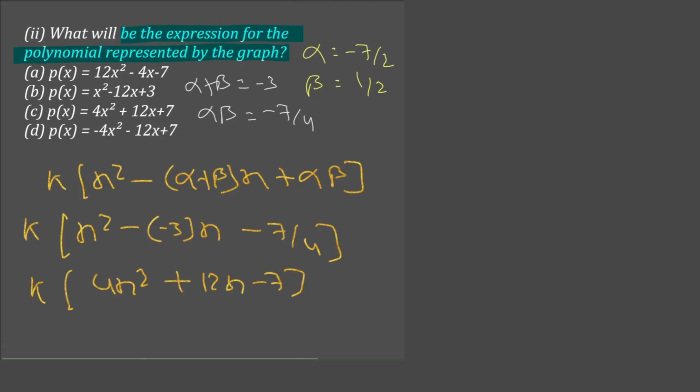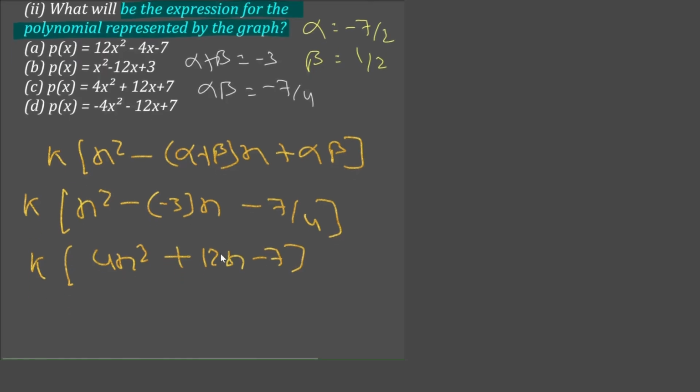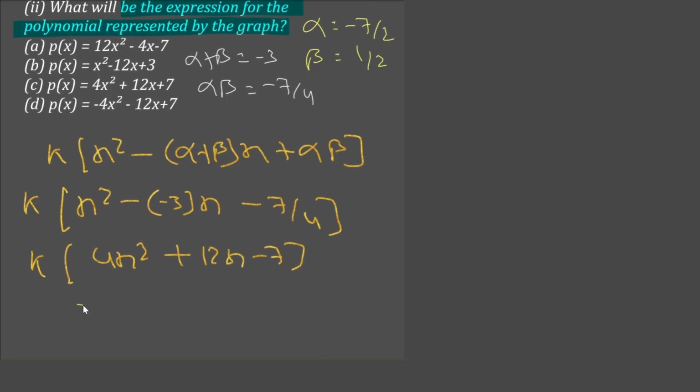Now when you check the answer, it does not match any of the options. It is close, but this is negative and over here the option is positive. So what you are going to do is take minus common. If I take minus common, what we get is minus k times negative 4x square, negative 12x and positive 7.